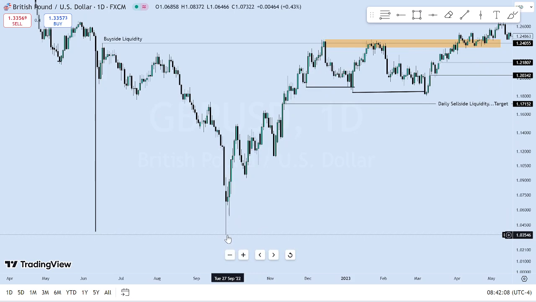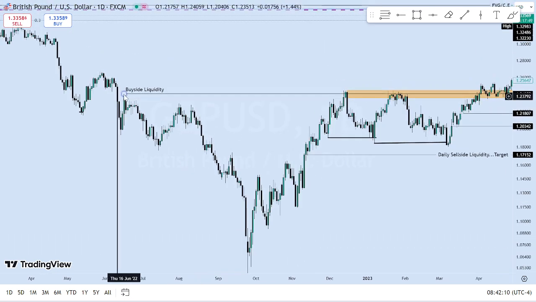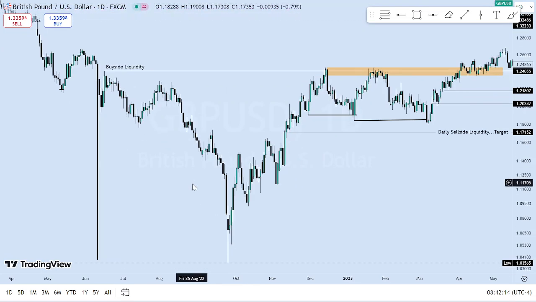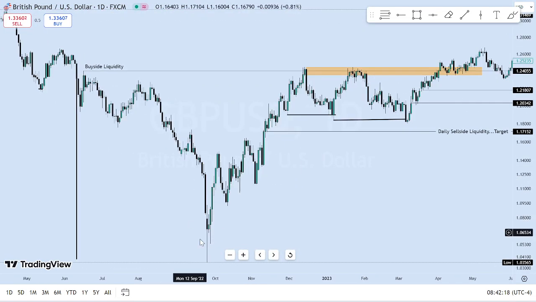Here is our sell side liquidity, while here is our buy side liquidity above. After creating a low here, price started trading long. Where is it going to? To the high that created the low. That's the buy side liquidity resting above.